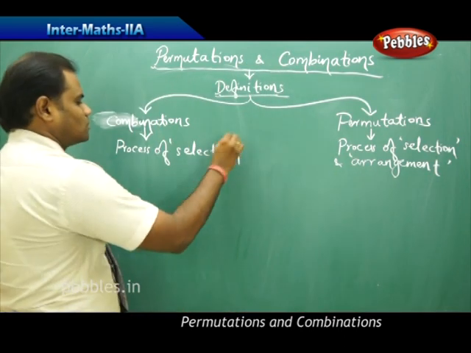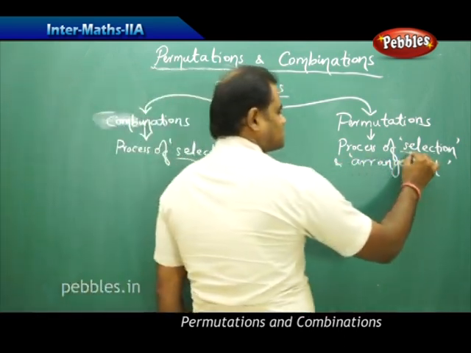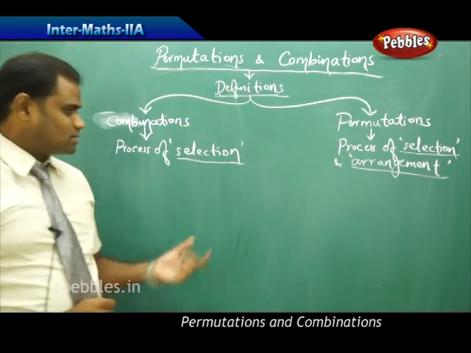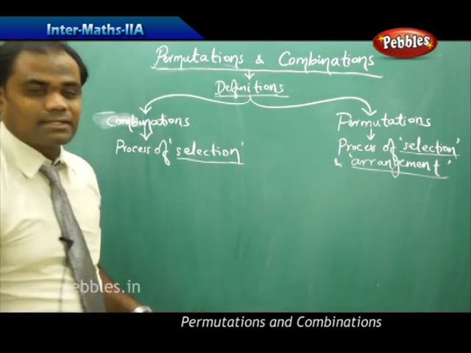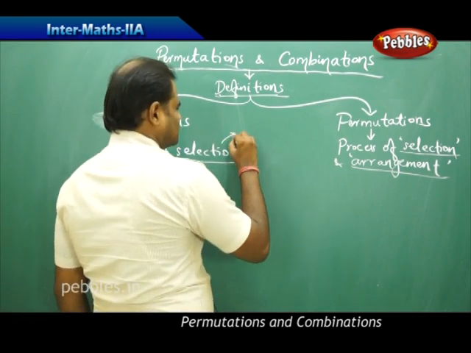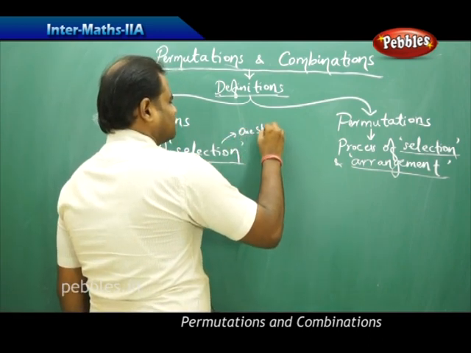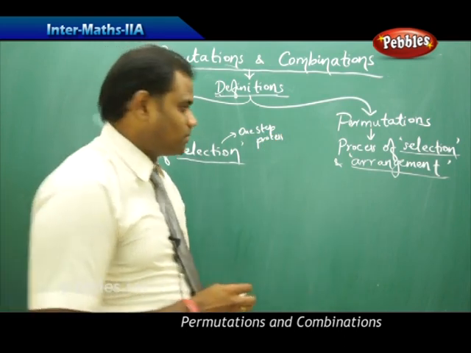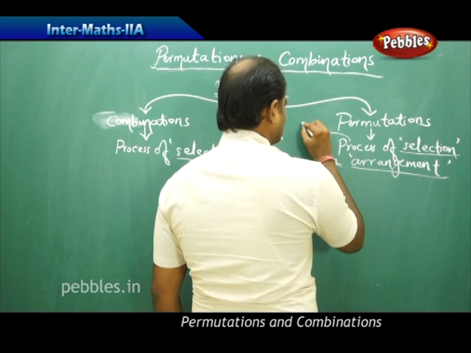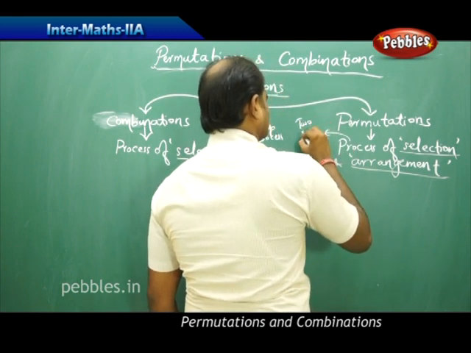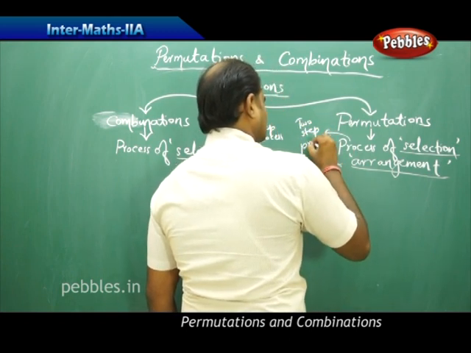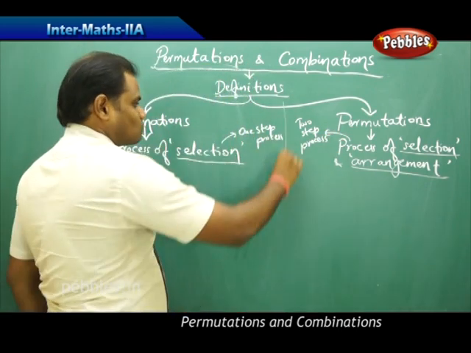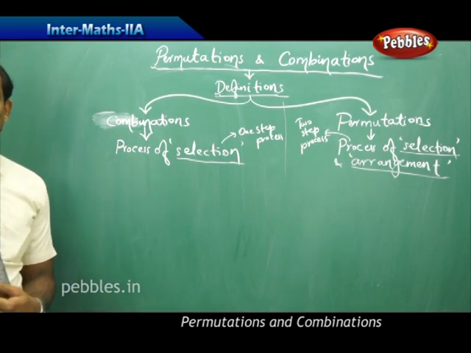So this involves only selection, but this permutation involves selection and arrangement. So this is a 1-step process and this is a 2-step process. This involves a 1-step process, but the permutation involves a 2-step process. This is how we understand the difference between permutations and combinations.